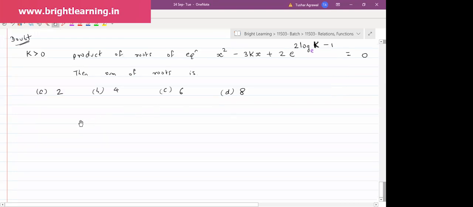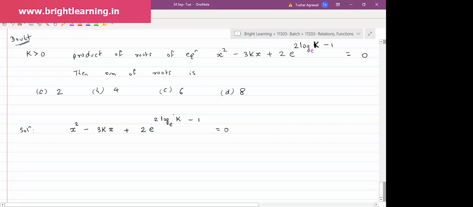So what's the quadratic equation? x square minus 3 times kx plus 2 times e raised to 2 log k to the base e, minus 1 is equal to 0.